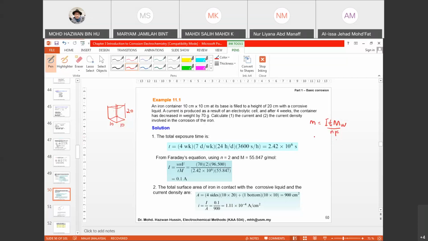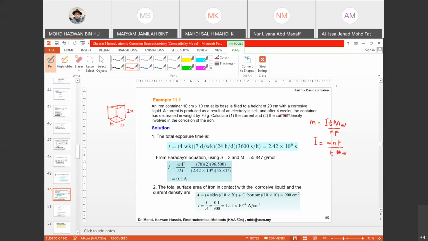You can rearrange it: I equals mass multiplied with NF over T with MW. So this is the formula that we are going to use, because the first question is asking about current, right? So time given over here is basically 4 weeks.